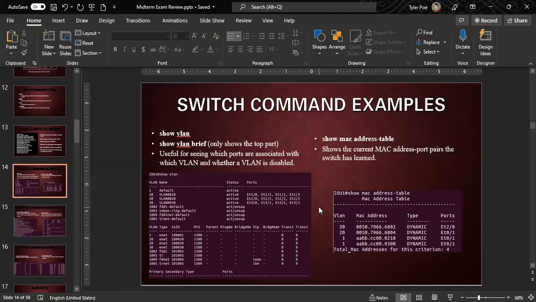Granted, that doesn't stop the hacker from changing his or her MAC address on their computer, but that's one feature of MAC address tables. You can add static ones, and that will limit which computers can actually use that port. It's a pretty interesting feature.